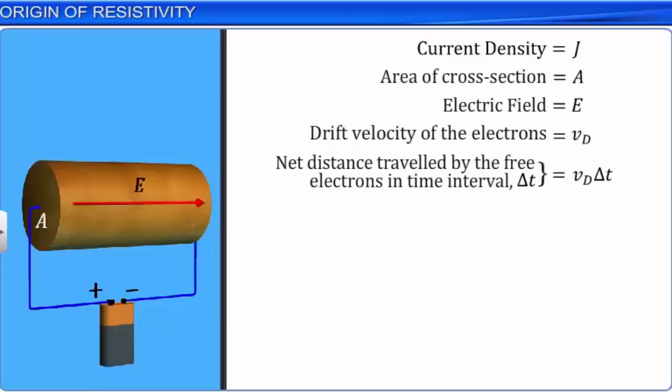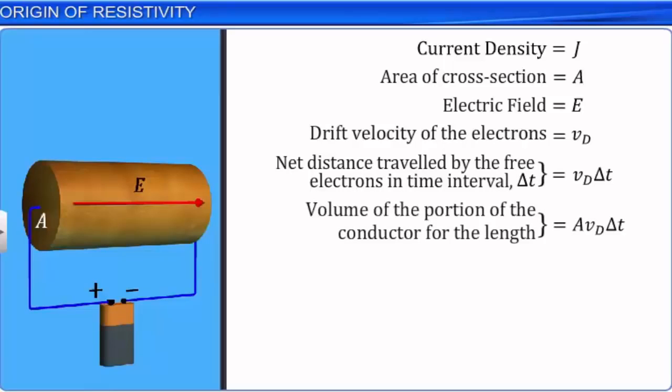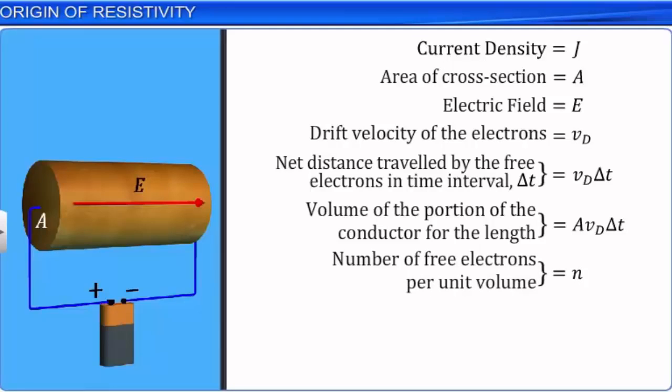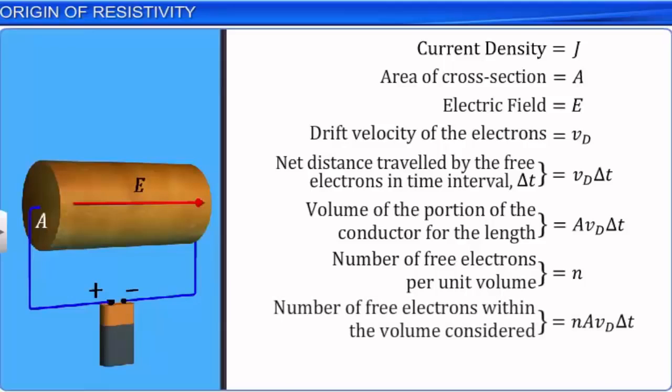The volume of the portion of the conductor through which the free electrons travel during time delta t is equal to A Vd delta t. Let n be the number of free electrons per unit volume of the conductor. Then the number of free electrons within the volume considered is equal to n A Vd delta t.